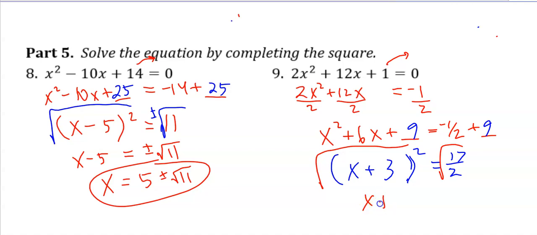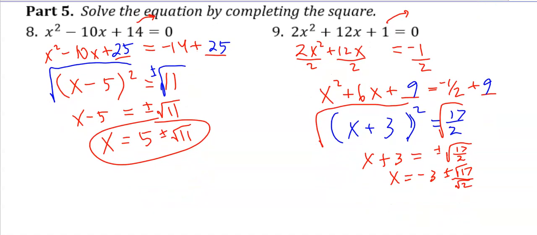So we get x plus 3 equals plus or minus square root of 17 halves. And so x equals negative 3 plus or minus square root of 17 halves.